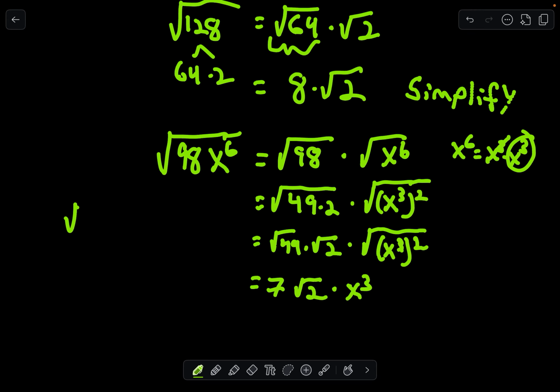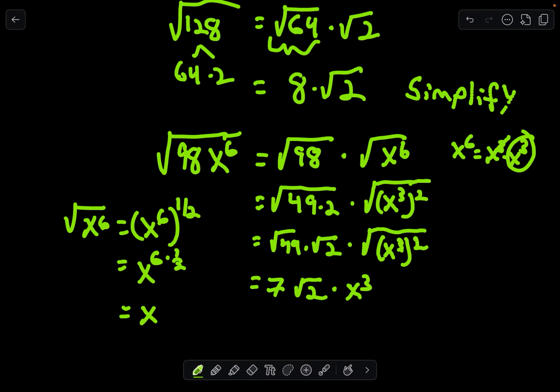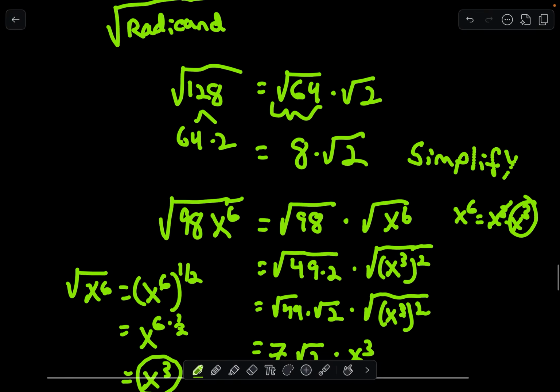So you can think of the square root of x to the 6th as x to the 6th raised to the 1/2 power. And then you multiply the exponents, 6 times 1/2. That equals 3. So it's x to the 3rd. There's more than one way to skin a cat, as they say.